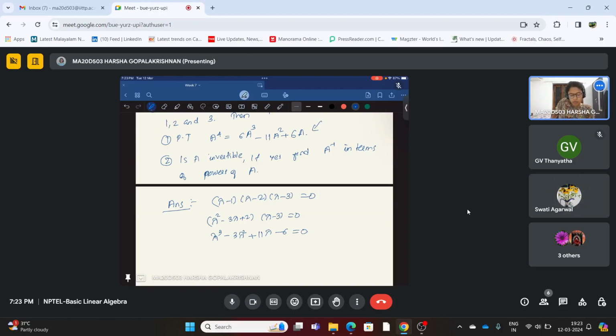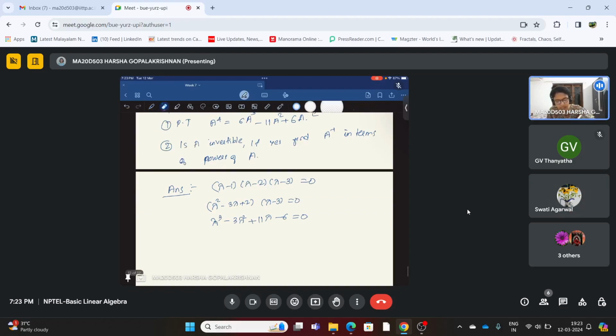Now how can you prove the first part? It is easy. Actually, ma'am, the characteristic equation is coming as minus 6 lambda square. Okay, maybe I made some mistake. Let me check once. Until this it is correct, right?